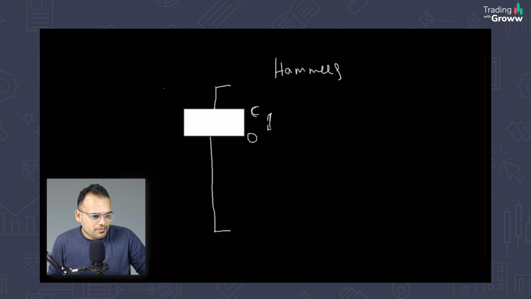Let's try to understand the pattern here. The market opened here, the market tried to push above this particular level, but buyers failed to do so. And after that there was huge selling pressure. How can we see that? Because the market extended to this particular level, but sellers failed badly, and again buyers took control of the entire price action, and the market closed above the open.